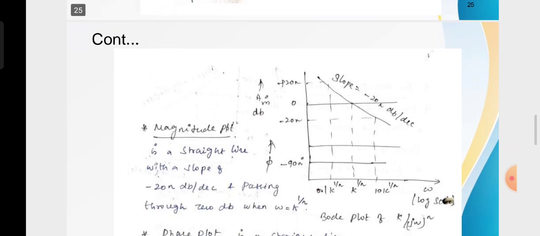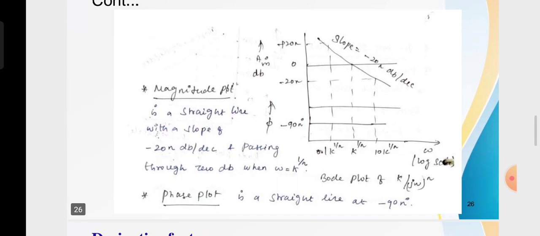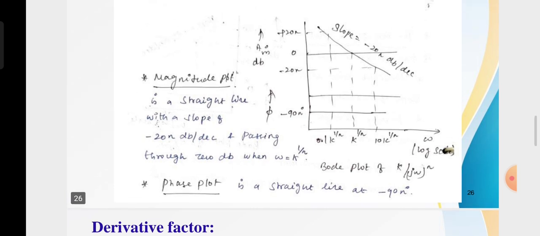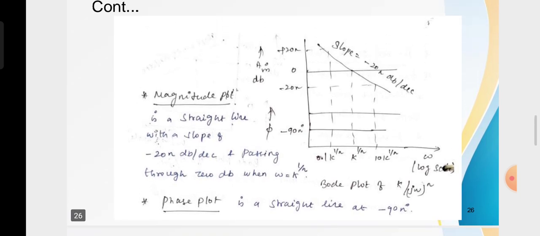Now substitute various values of omega. The magnitude plot is a straight line with a slope of minus 20 n dB per decade, passing through 0 dB when omega equal to K power 1 by n. When omega equal to 0.1 K power 1 by n, it is plus 20 n dB.